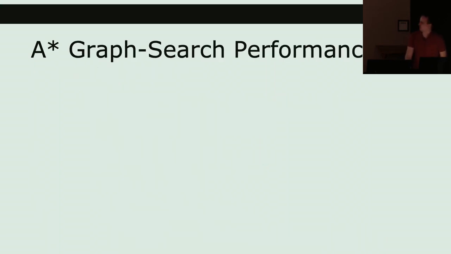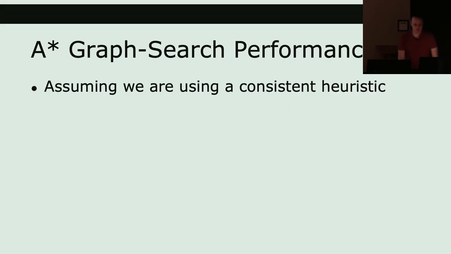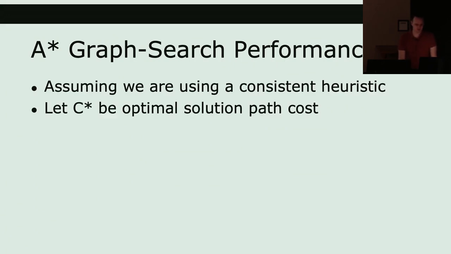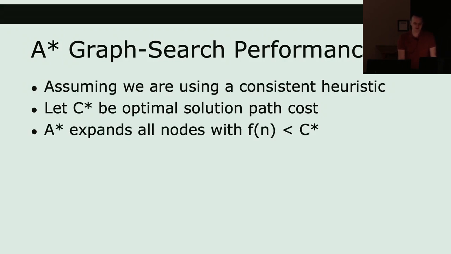All right, A-star graph search performance. Assuming we are using a consistent heuristic, let C-star be the optimal solution path cost. A-star is going to expand all nodes with f of n less than C-star. So what this means is that A-star is literally going to check every possible path that is less than the optimal path.